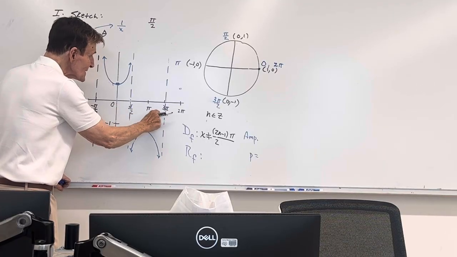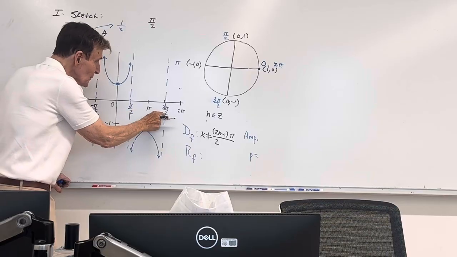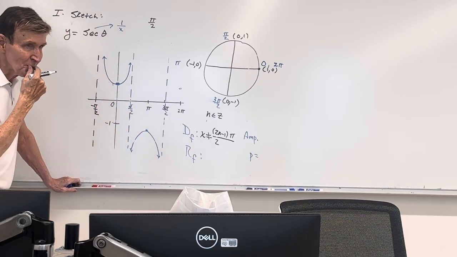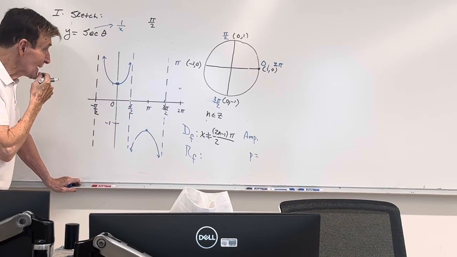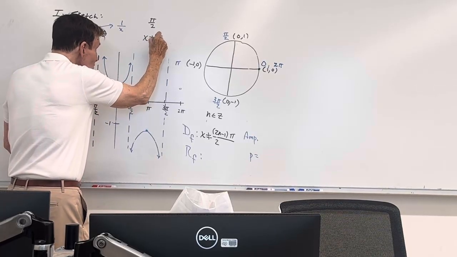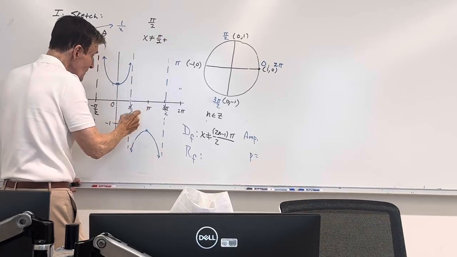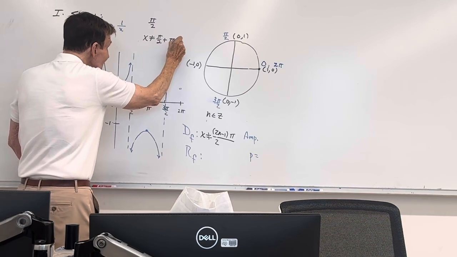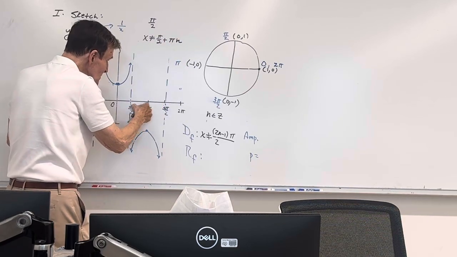How much distance is that to go from this asymptote to 3 pi over 2, that asymptote? Pi. So I could say my x cannot be my initial pi over 2 plus pi n, where pi is the distance between the asymptotes.